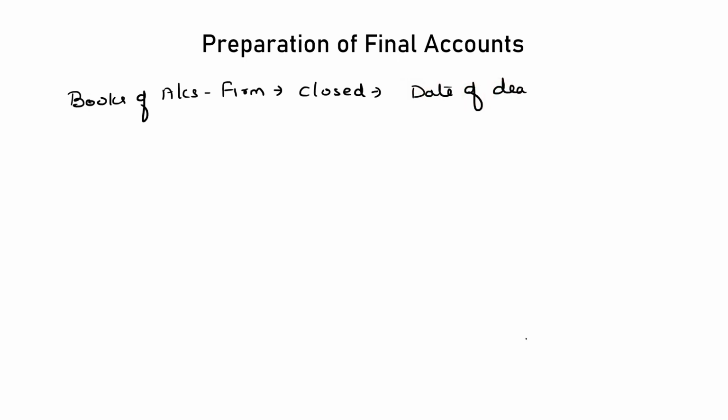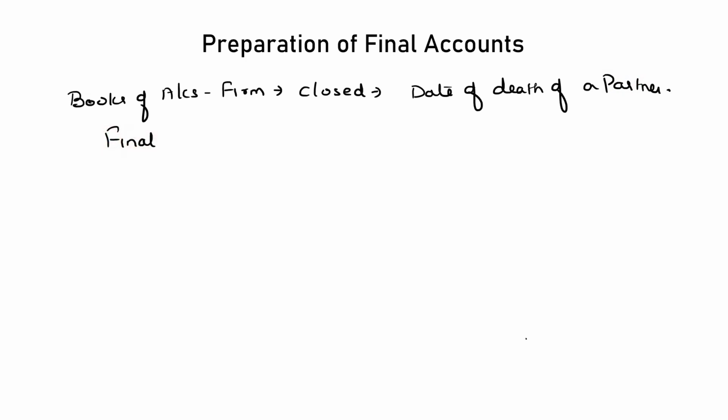Now, as I told you, preparation of final accounts is very simple. On the death of the partner, the books of accounts of the firm are closed on the date of death of the partner.